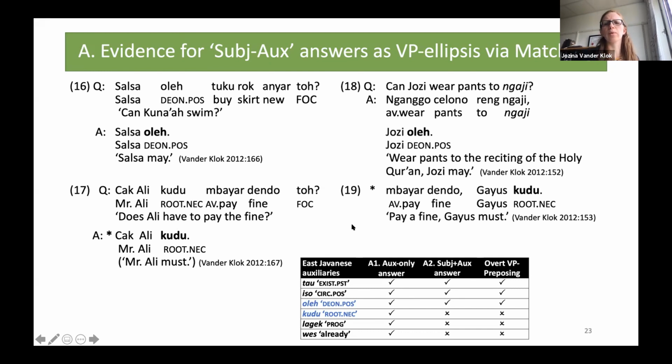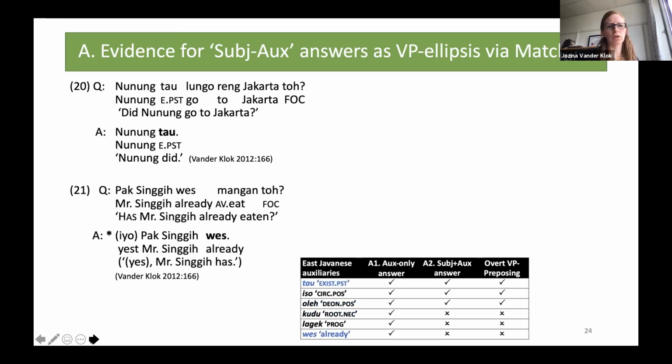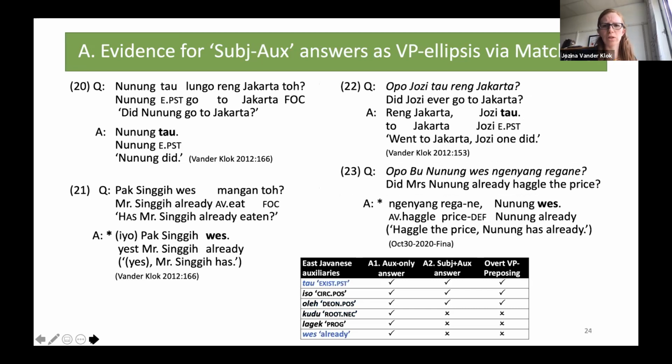Similarly, this distribution is found with overt VP preposing. So wear pants to ngaji, Josie ole is fine, but bayar dendo, pay a fine, Gayus kutu, Gayus must, is out. Okay, then I also show this same distribution with the past tense marker.